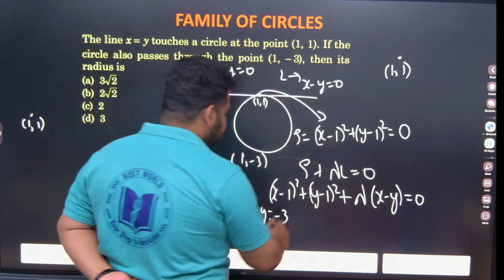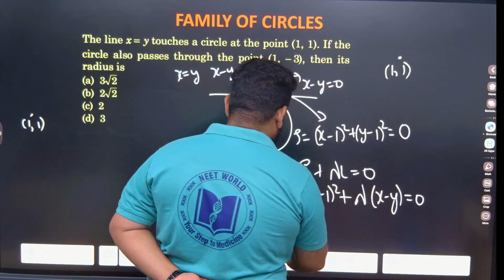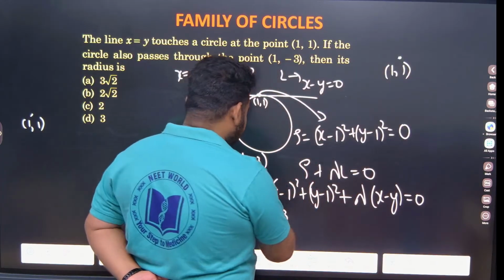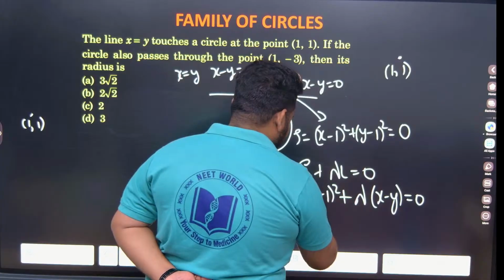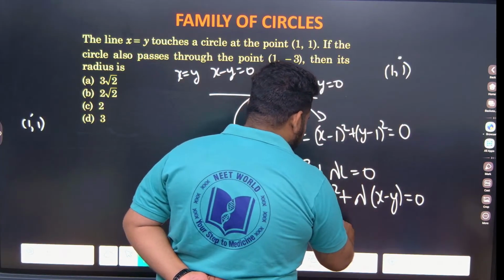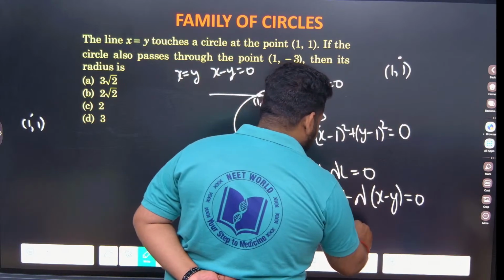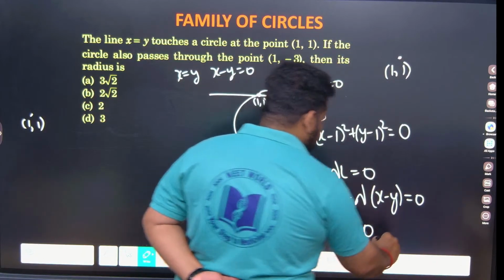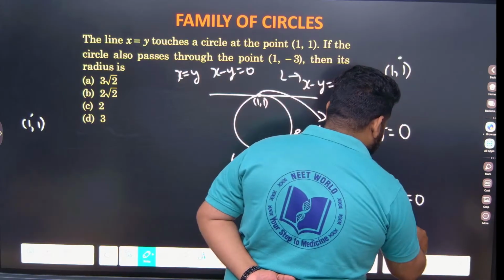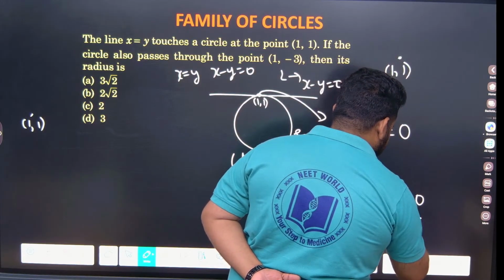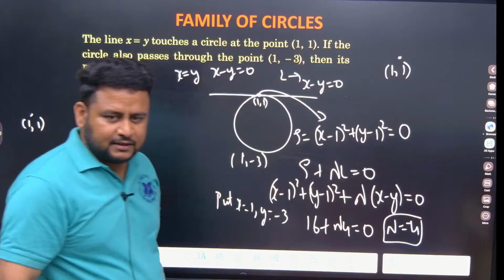If I put x is equal to 1, this will become 0. If I put y is equal to minus 3, this will become minus 4 square, that is 16, plus lambda into (1 minus of minus 3), this will become 4 lambda, is equal to 0. So lambda will be equal to minus 16 by 4. Lambda will be minus 4.